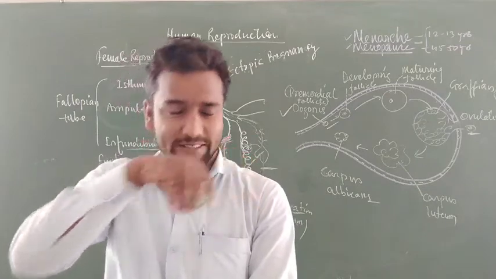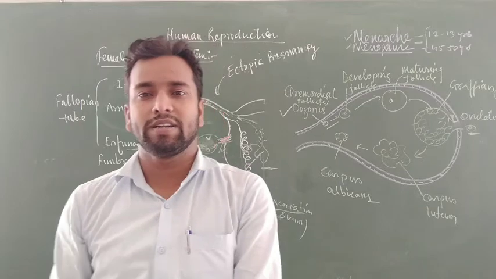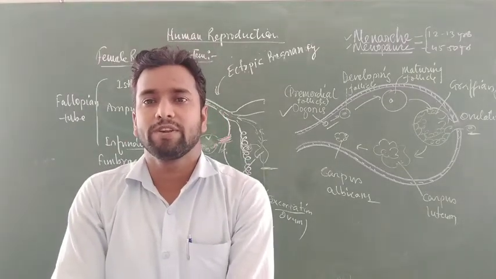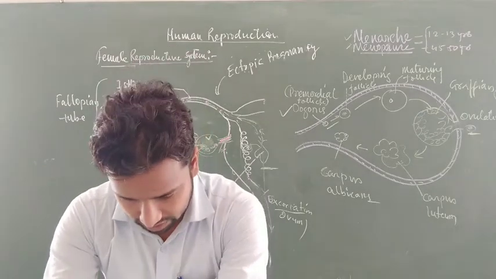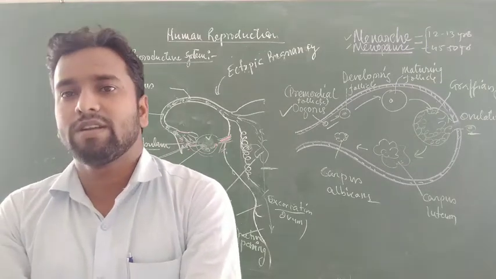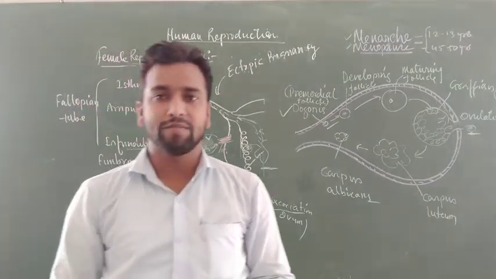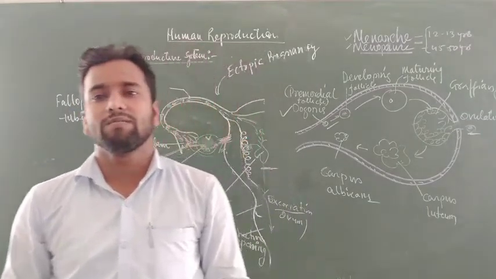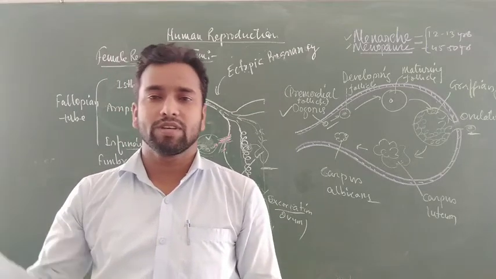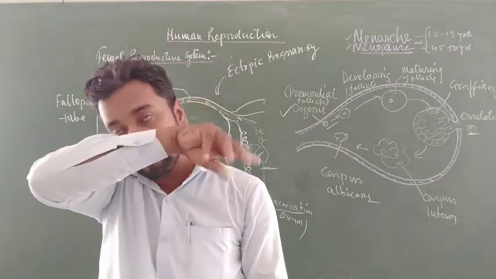Some people say that the hymen indicates virginity, but it does not indicate virginity in females, because the hymen can be ruptured or torn by different events like horse riding, cycling, and in some cases running. But in some females it persists after first coitus, and it may persist a long time.